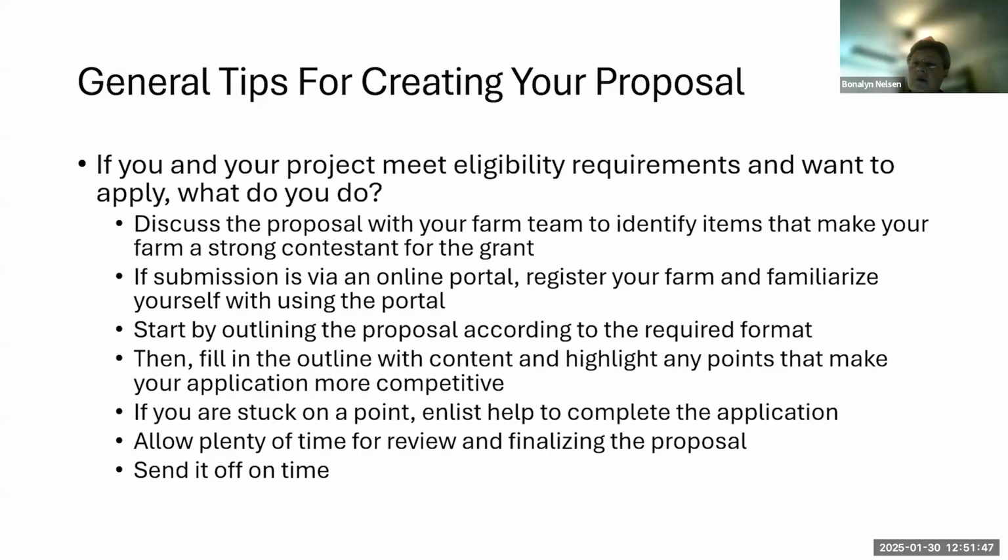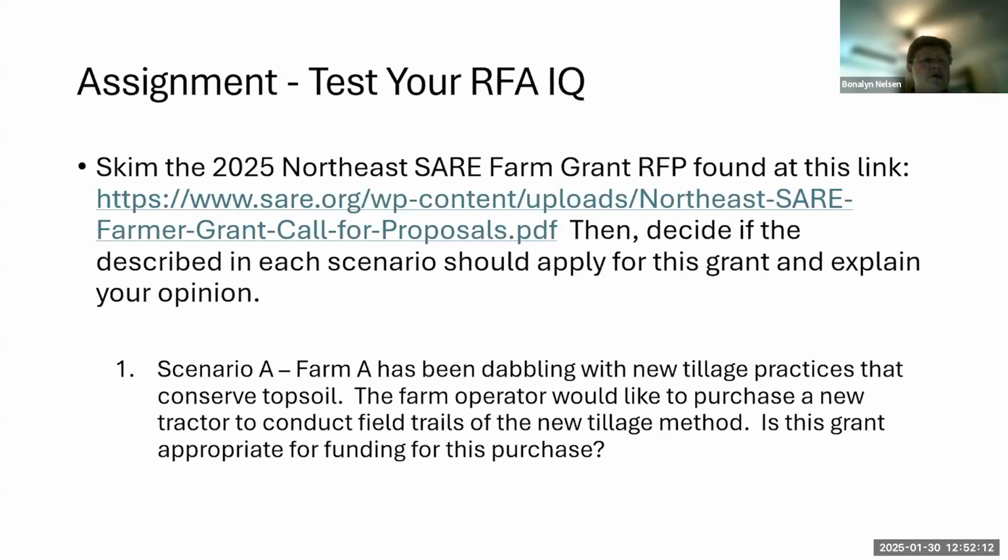And again, remember, they're taking a risk by giving you money for your grant. They want to make sure that they're taking a good risk, right? And little errors in the application suggest that you may not be a good risk. These are small things, but they make a difference. And of course, send it off by the due date.